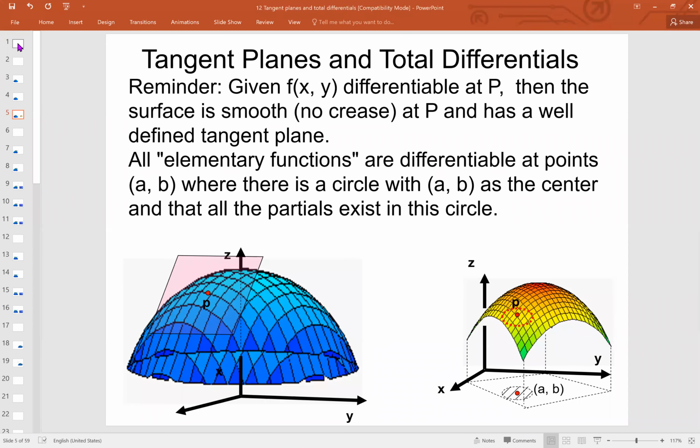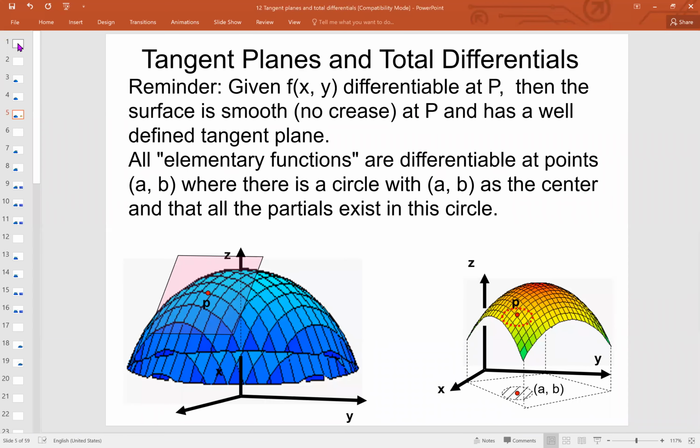Assume that we have a point that's smooth on the surface, then we would like to obtain the tangent plane. In order to get a tangent plane, I need to get a normal vector for the tangent plane. We get the normal vector as we look at the partial x, and that's going to give us the slope.